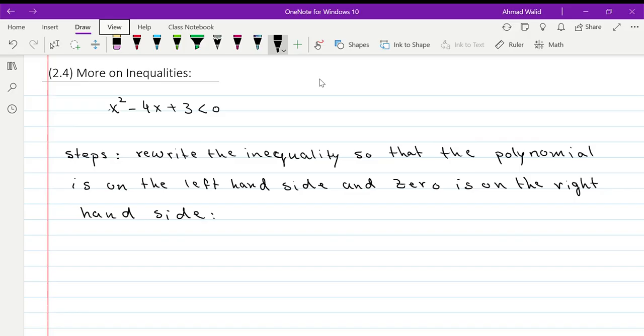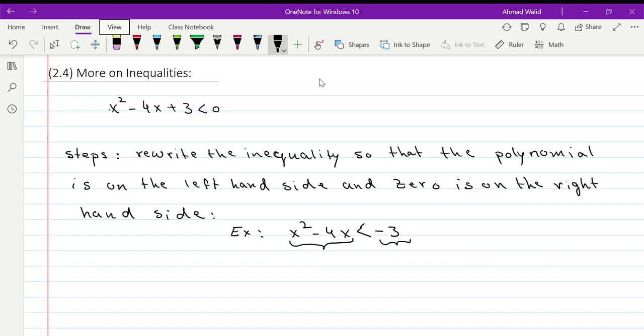Let me put a quick example here for you. For example, if I have x squared, let's say minus 4x less than negative 3. If you see such a polynomial that you have terms on two sides of the inequality, left hand side and right hand side, rewrite your inequality to put the polynomial on the left hand side and change the right hand side to 0.